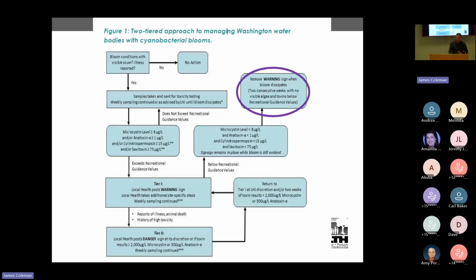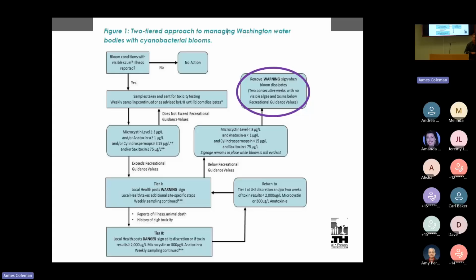I delved into this a little already, but I'll go into some more detail here. Basically, somebody gives us a report. We go out, we take a water sample. We don't know if it's toxic or not yet. We send it into a lab, and we actually have a lab here that can do some testing as well. And the lab sends us the results: are there toxins present?